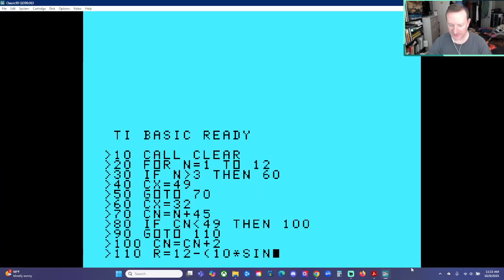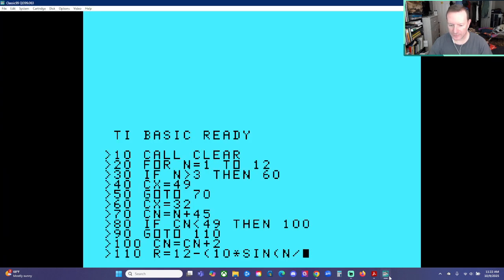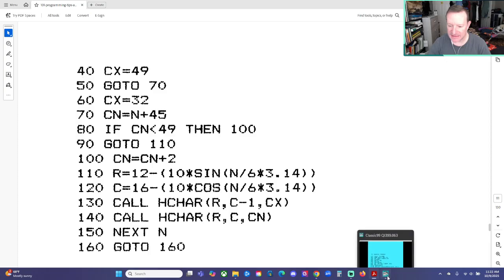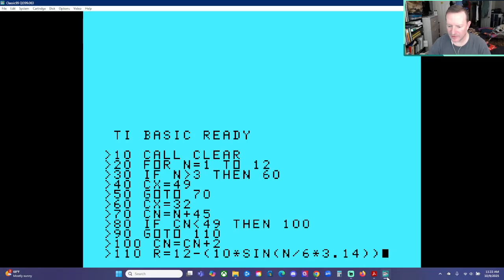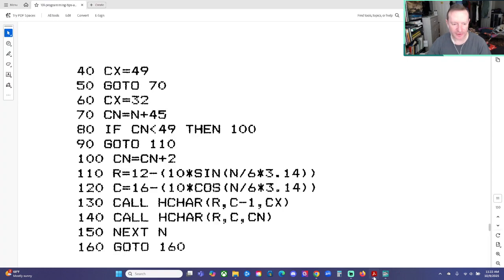Sine of n divided by 6 times 3.14, an abbreviated version of pi there, and we've got 2 end parentheses right there. Let's just double check that. So 12 minus 10 times sine, parenthesis, n divided by 6 times 3.14. Looks good.